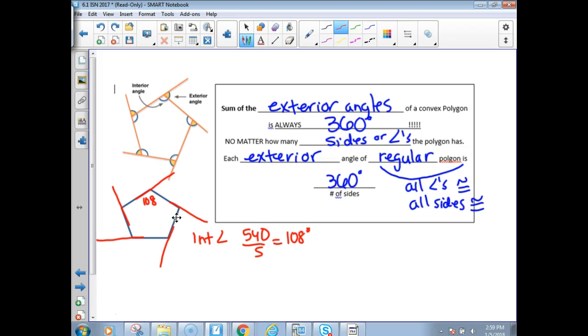So that tells me, wait a minute, I didn't have to do that. I actually could have found an exterior angle. You can do 360 divided by 5, and that tells you that each exterior angle is 72 degrees. Does that go with the 108? Yeah, because these should add up to 180. They're supplementary. So all of these angles on the exterior are 72 degrees, and all of the angles on the interior are 108.